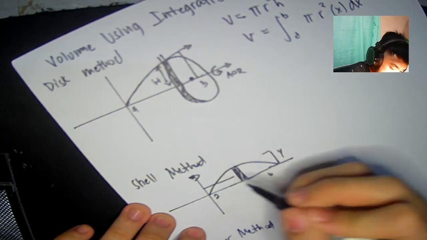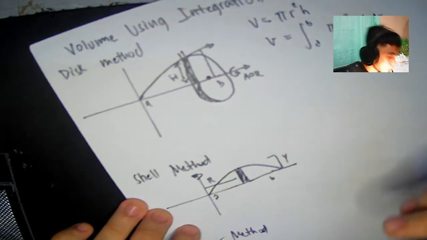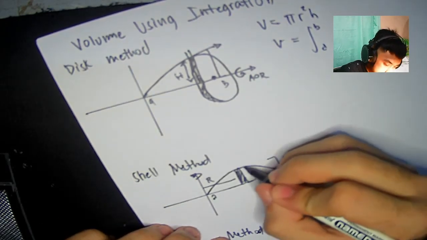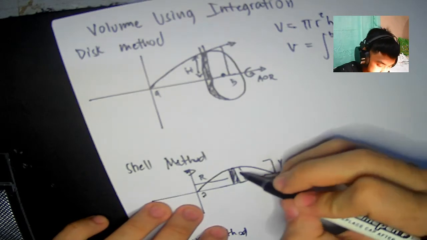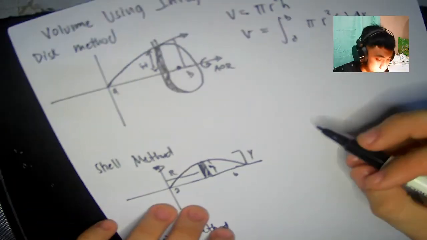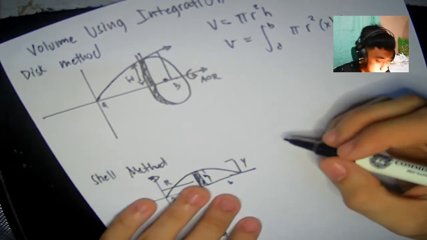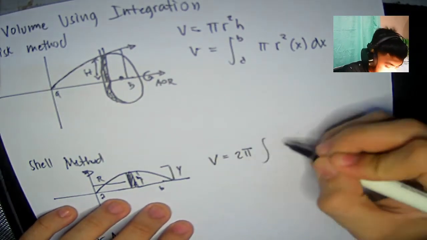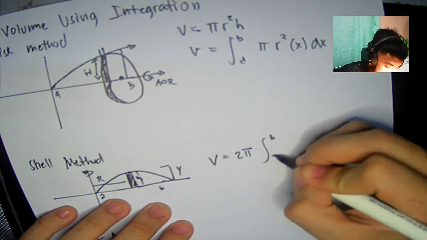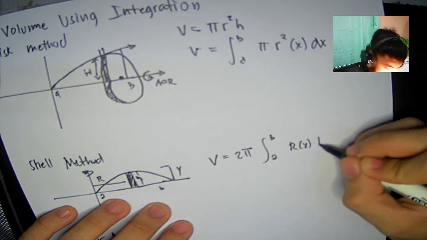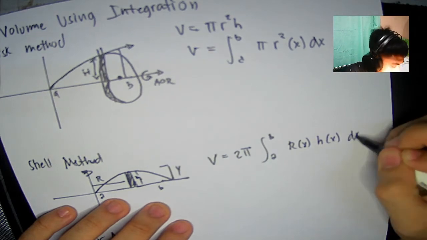So this is your radius r, and that is our y and this is our height. Okay. So the formula is V equals 2 pi, limits here, r of x, h times x dx.